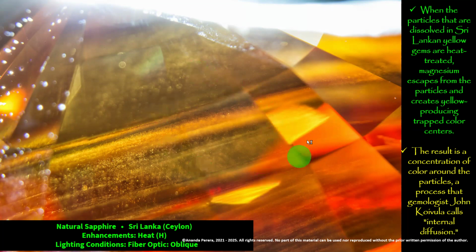It gives yellow color to the stone. The result is concentration of color around the particles, a process that gemologist John Koivula calls internal diffusion. It is internal diffusion. So this is a very important picture. We are moving.